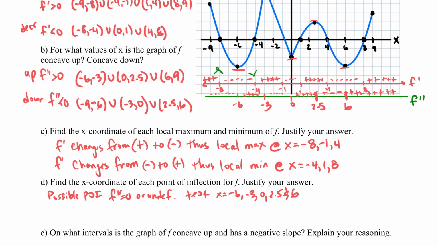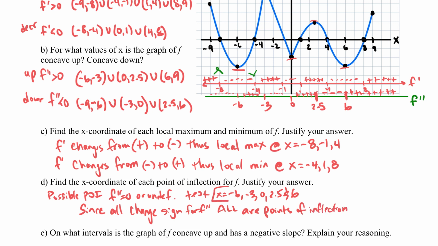So since they all change sign for f double prime, all are points of inflection.